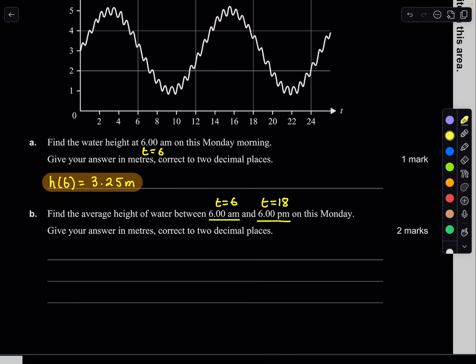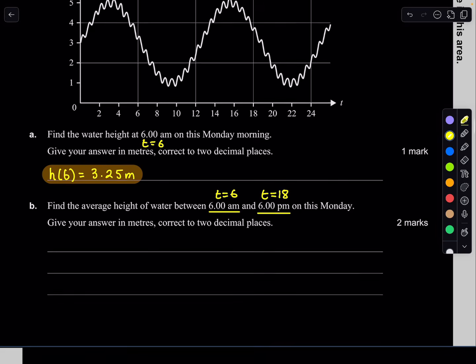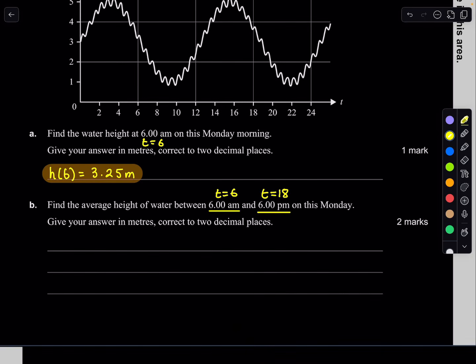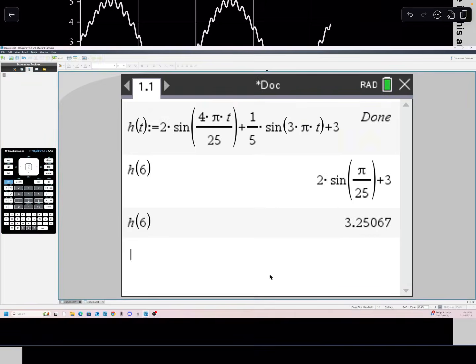So to find the average height, remember, your average height is 1 over b minus a, so it's 1 over 18 minus 6, times the integral from 6 to 18 of h of t dt, which gives me what? Let's go on our CAS and do that.